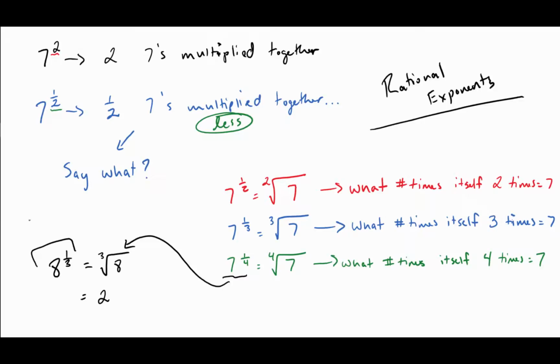Well, the exponential form is usually easier for simplification. And the radical form is usually easier for computation. And as I've been mentioning before, we want to pick the right tool for the right job. So we'll be toggling between these two depending on which one is easier for the particular problem that we're working on.